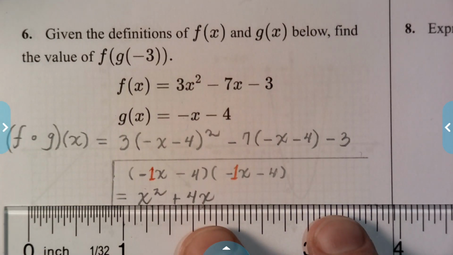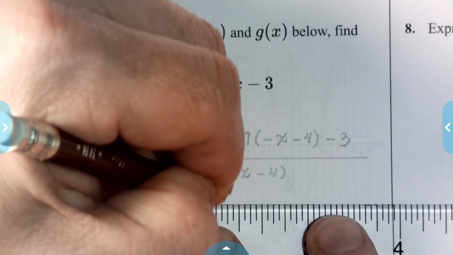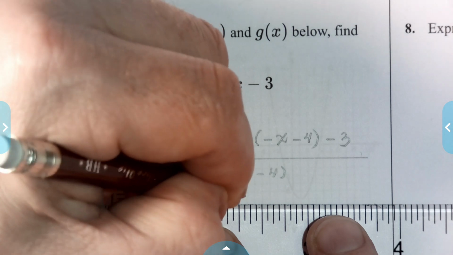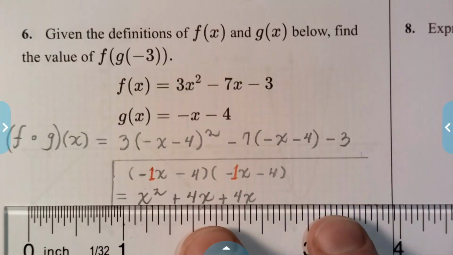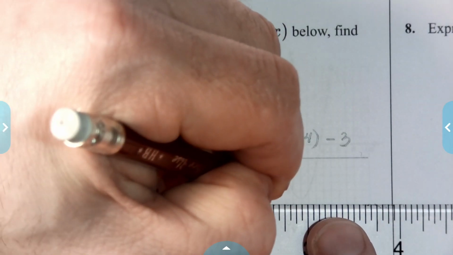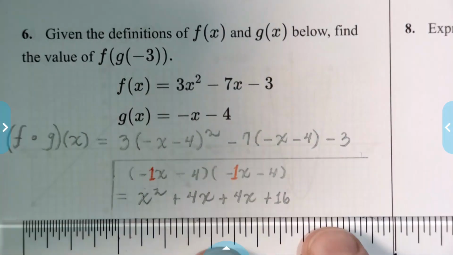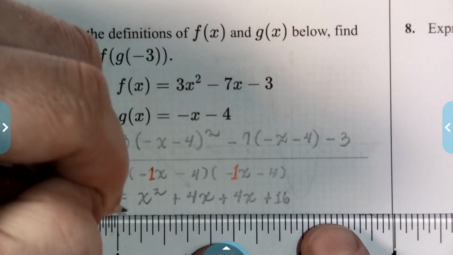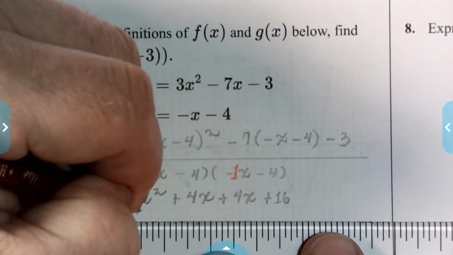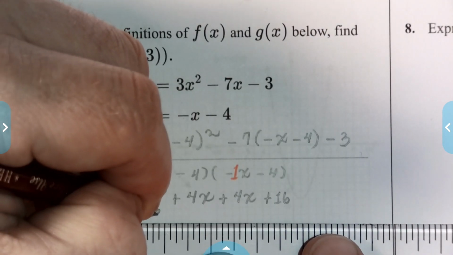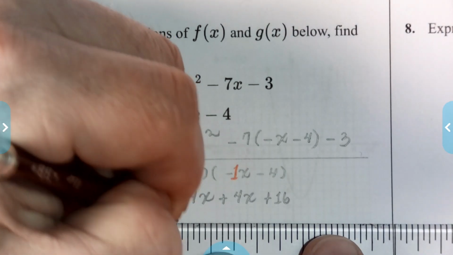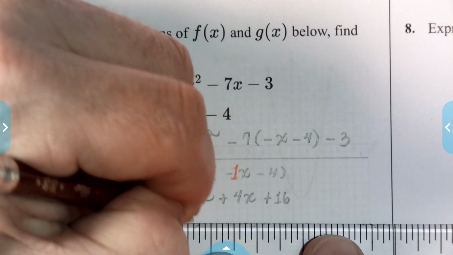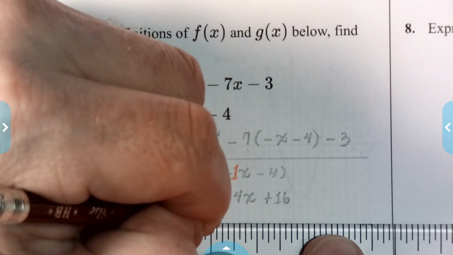Negative 4 times negative 1x is plus 4x. And then negative 4 last. Negative 4 times negative 4 is plus 16. Combining the middle terms, we get our final simplified quadratic expression, x squared plus 8x plus 16.